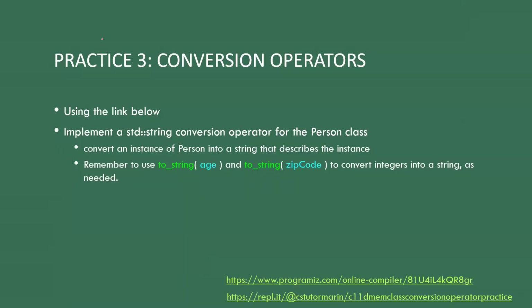So we're going to have a person class. And when we print a person instance, we want to actually have the whole thing convert itself into a collection of strings. Okay. So we're going to have to convert the age and the zip code of the person using the toString function. But otherwise, we're just going to concatenate a bunch of strings together and return them.